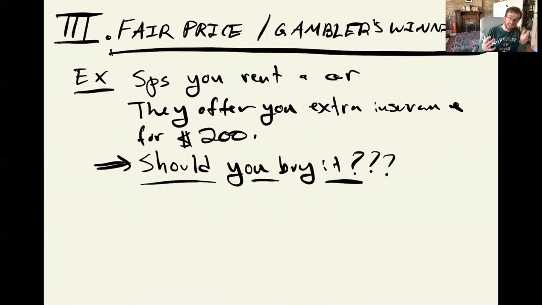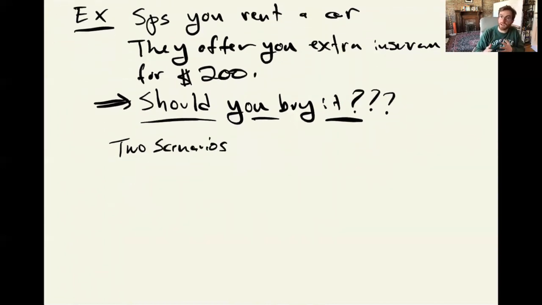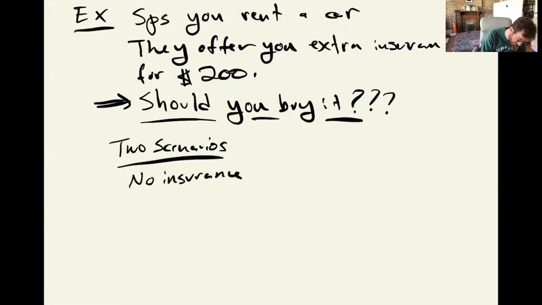Well, you want to consider there are 2 scenarios here. You can think of these scenarios as specifying different random variables, different outcomes depending on what happens. So if there's no insurance, let's say that the amount extra that this car rental is going to cost you is witnessed via some variable X, then there are going to be two possibilities.